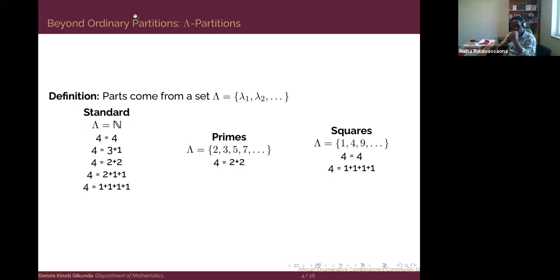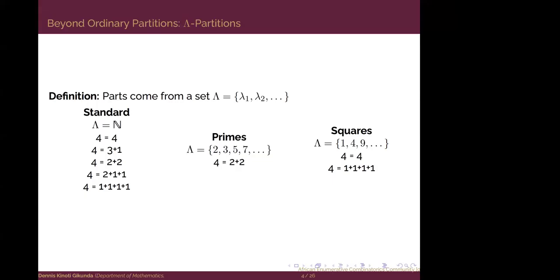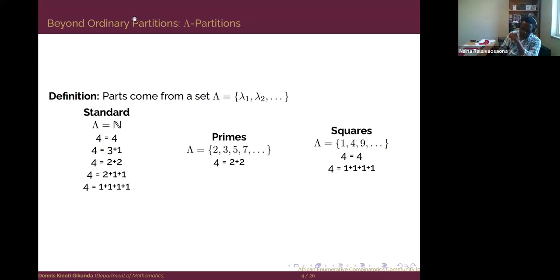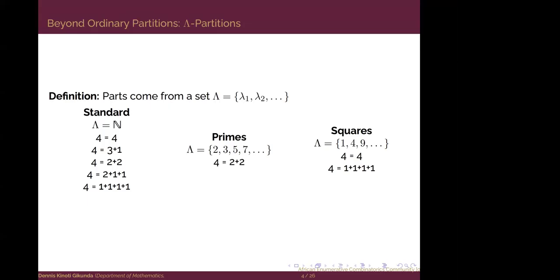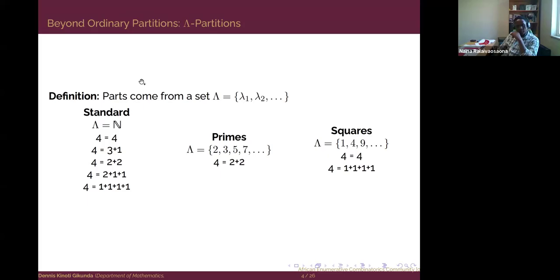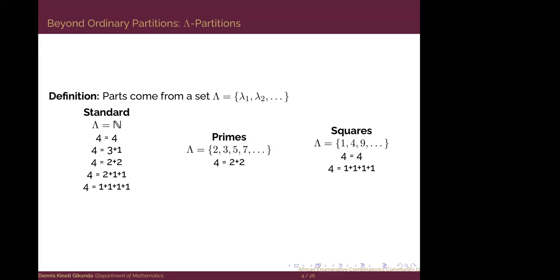Then the second last one would have a binary word like 0, 0, 1, 1, 0, 1, 0, 1. So the bijection was that each part in the integer partition corresponds to the number of zeros and ones in the run of the binary word. So that was our bijection.